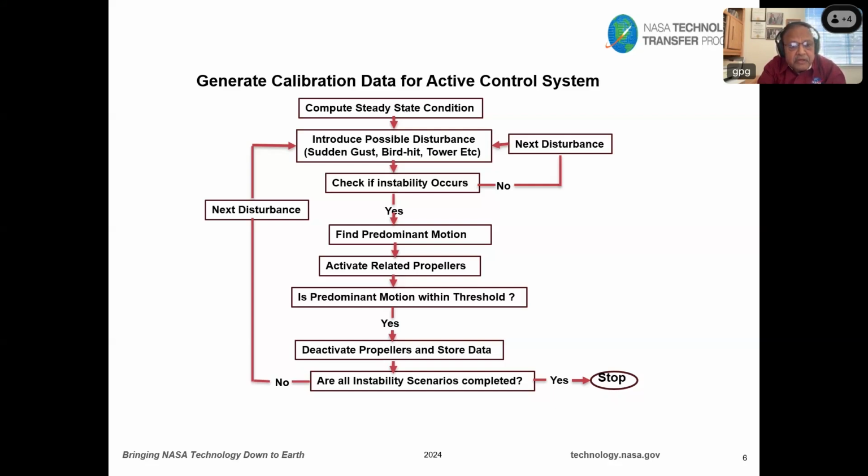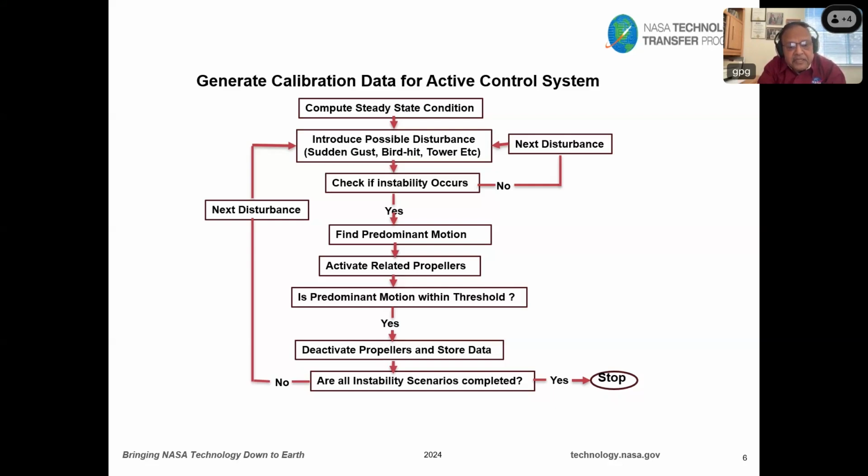Once we have that, we introduce possible disturbances. It could be due to a gust, or a bird hit, or the presence of a tower, because if the air taxi flies very close to the tower, there will be flow interactions with the tower, and that could also cause a disturbance. If the instability occurs, we find the predominant motion.